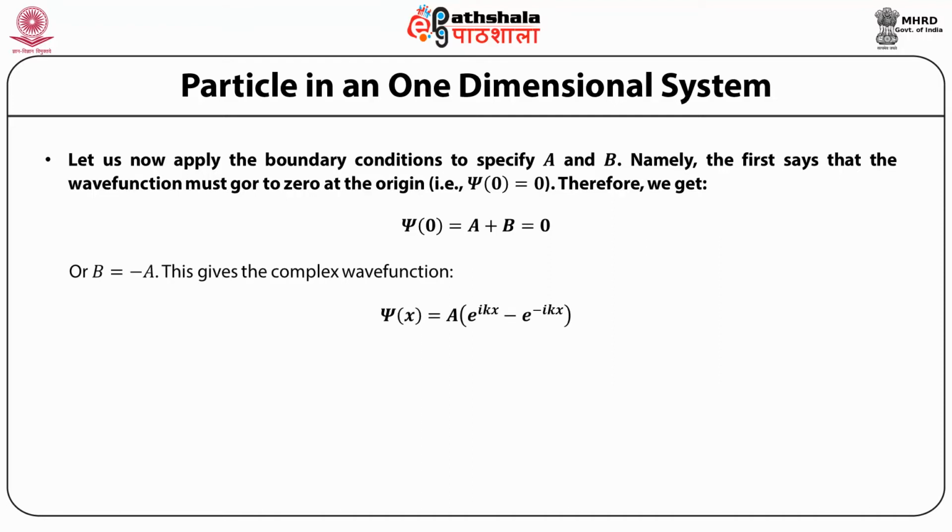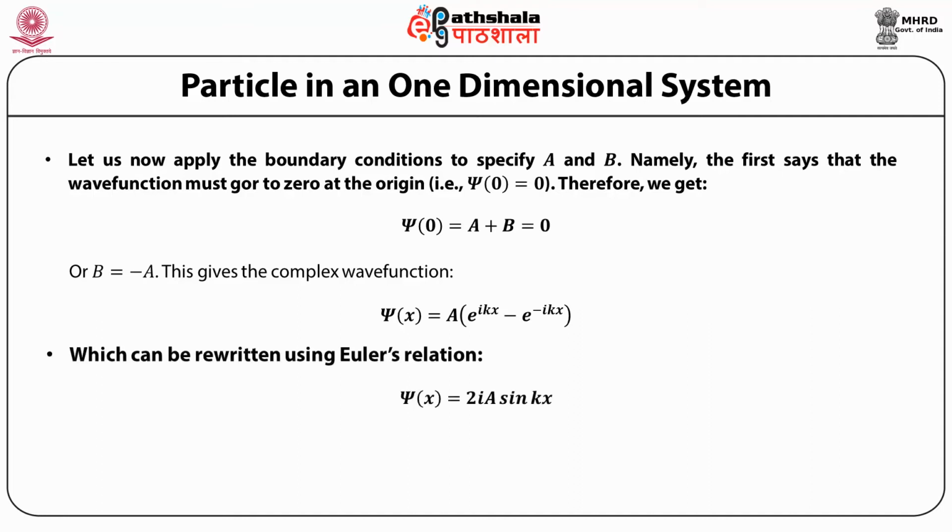So this gives the complete wave function, that is psi(x) equal to A multiplied by e to the power iota kx minus e to the power minus iota kx, which can be rewritten using Euler's relation, that is psi(x) equal to 2iA sine kx.